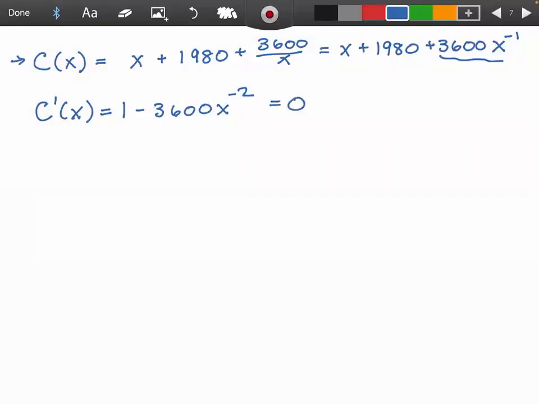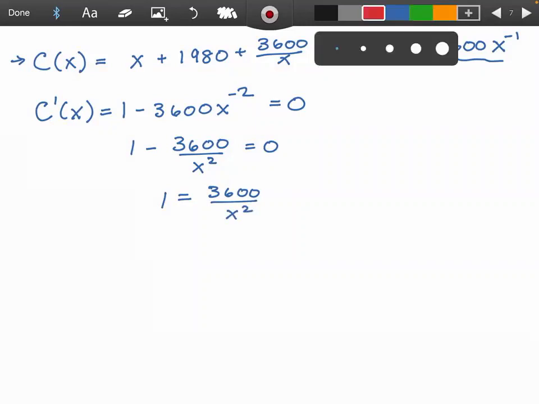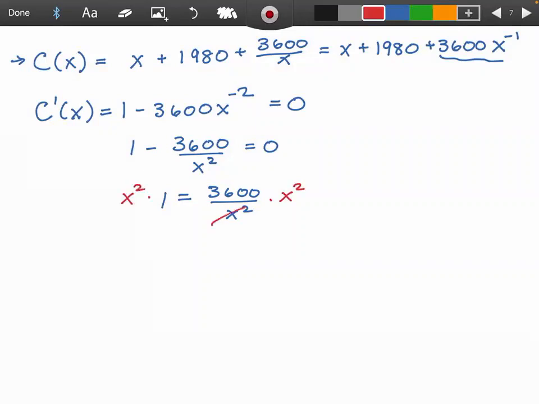So I have 1 minus 3,600 over X squared equals 0. There's a few ways to do this. One of them, we can multiply both sides by x squared and then proceed. Might be easier just to add the 3,600 over x squared to the other side, and then essentially just multiply both sides by x squared to get rid of the denominator here.